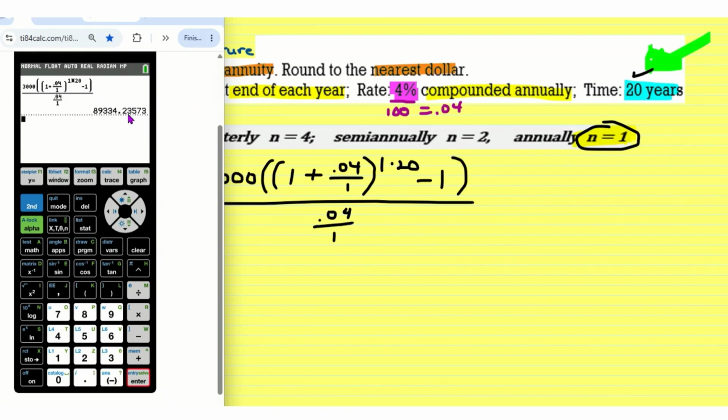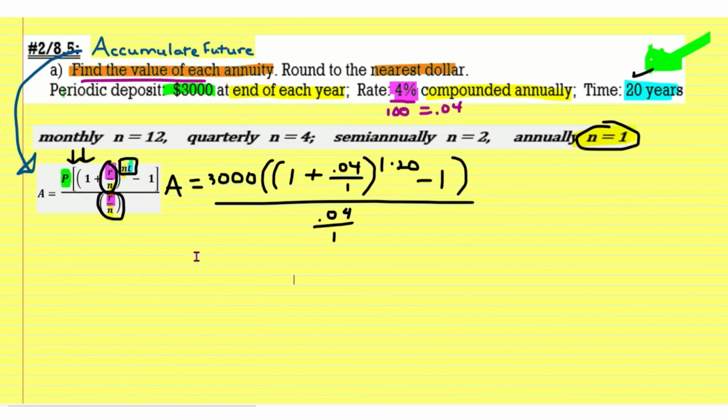So is the 23 big enough to change the 34 to a 35? No, I'm just going to leave it at 89,334. So that accumulated amount is going to be equal to 89,334.